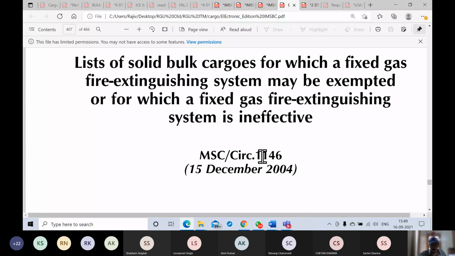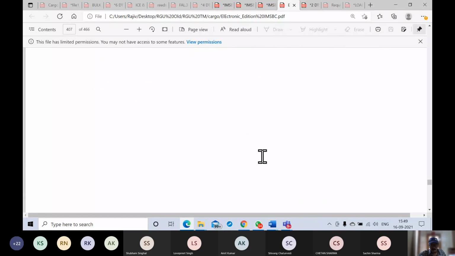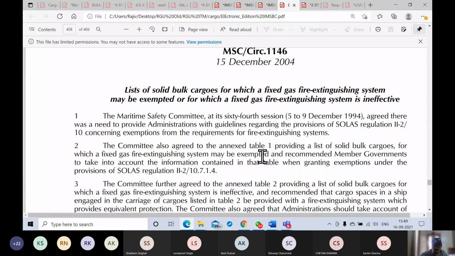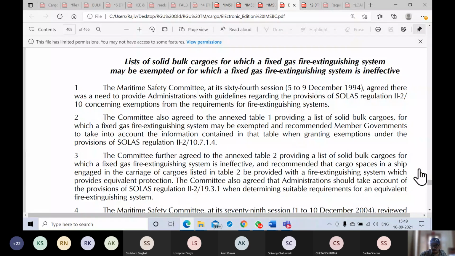This is also by a circular and it contains a list. The circular agreed to provide a list of solid bulk cargoes for which a fixed gas fire extinguishing system may be exempted. So the list is there.